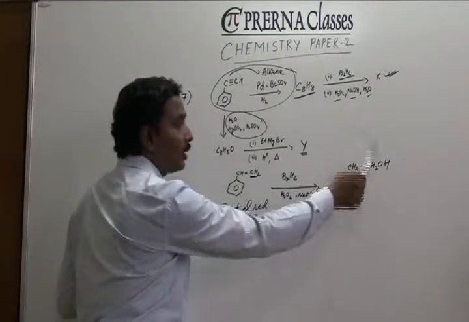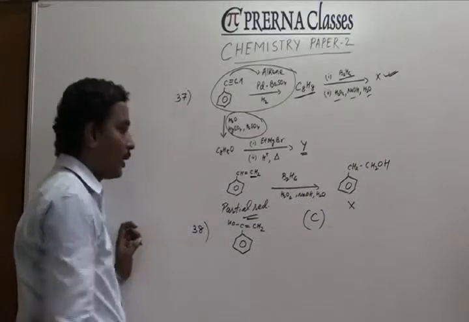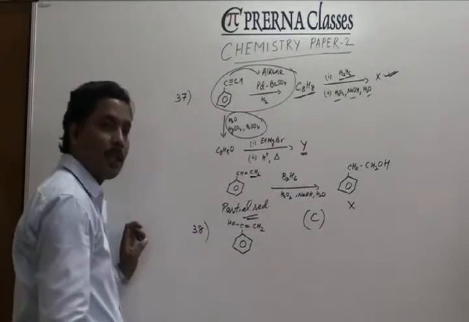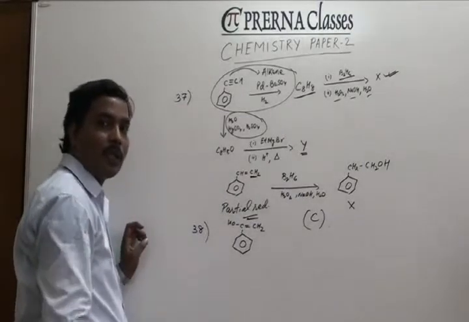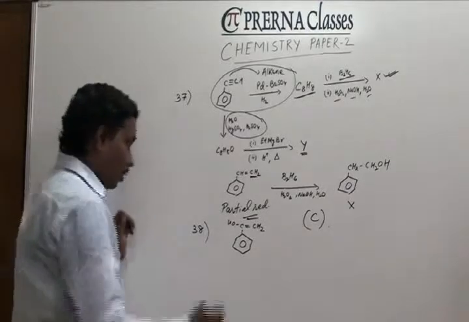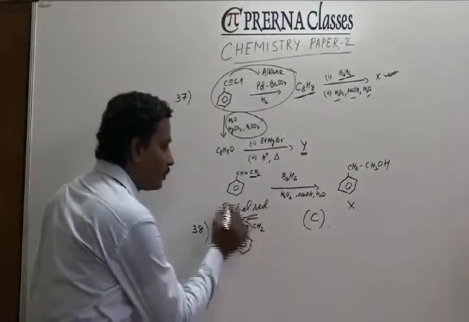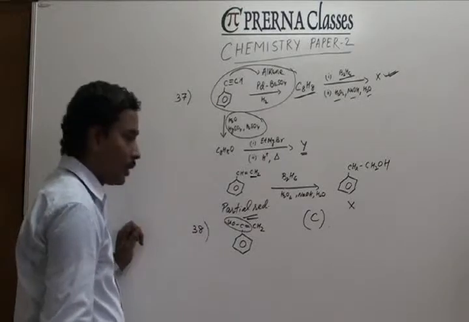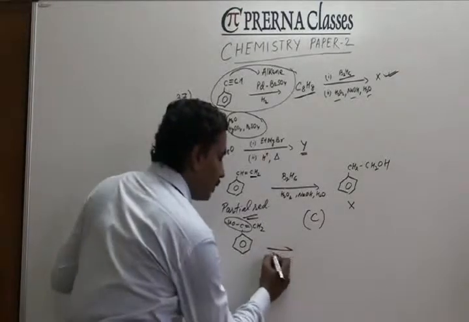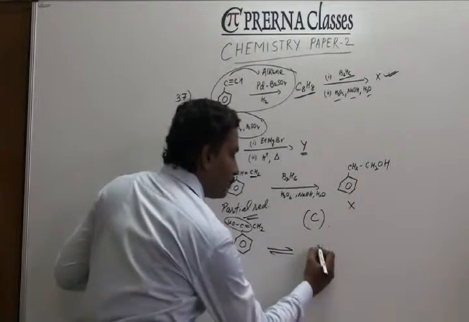In the previous reaction, the least substituted alcohol is formed. In this case, the most substituted alcohol is formed, but no rearrangement takes place. Now it is the enol form. Keto form is more stable, so it is tautomerized to give the keto group.